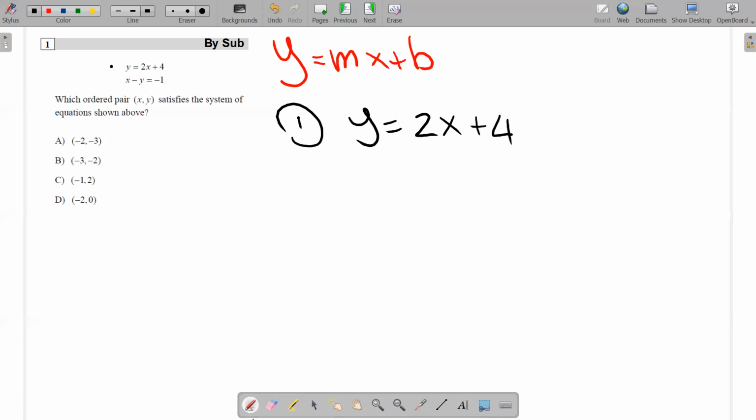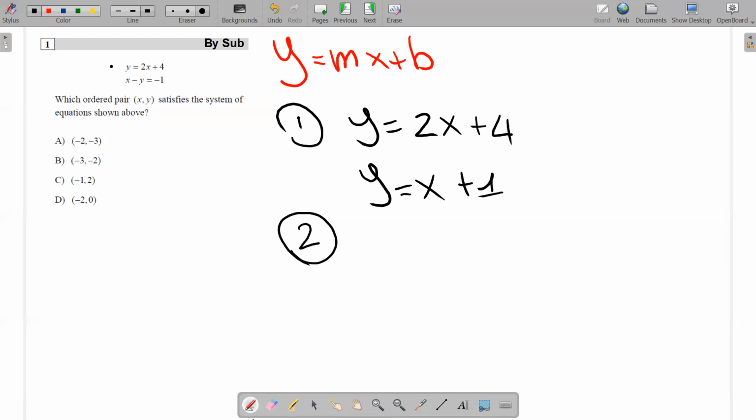While on our second one, we need to do some switcheroo, and that will be y equals x plus 1. What I did is just switch the y to one side, and the number 1 to the other side. Once we do that, the next step will be placing them equal to each other.